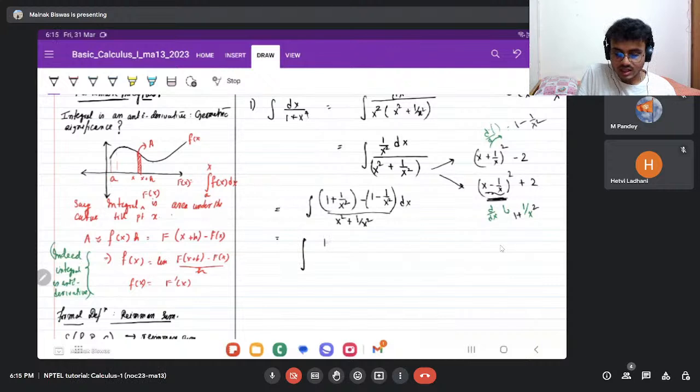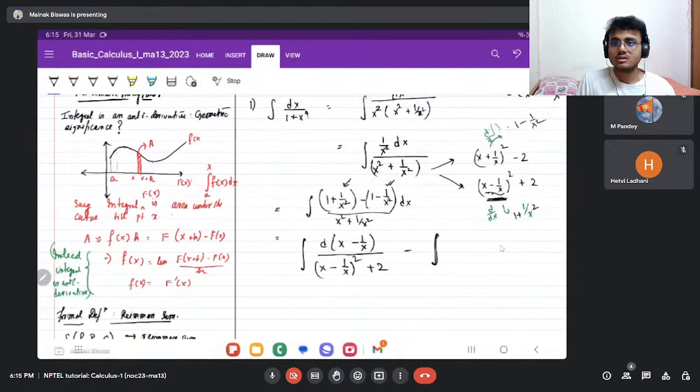So now this I can write as d of x minus 1 over x, and make the denominator this. Similarly, what can I write the second part as?